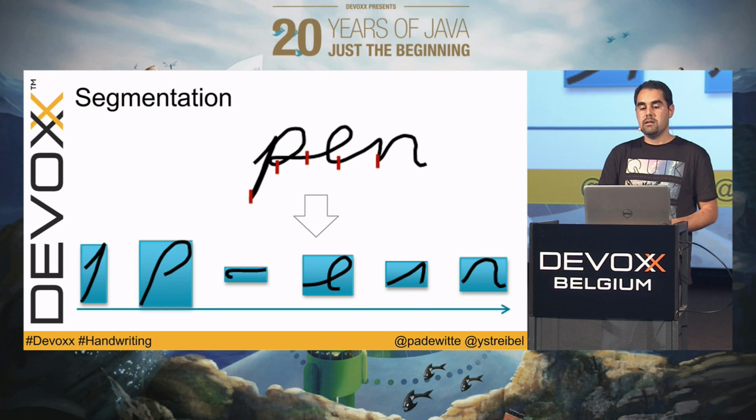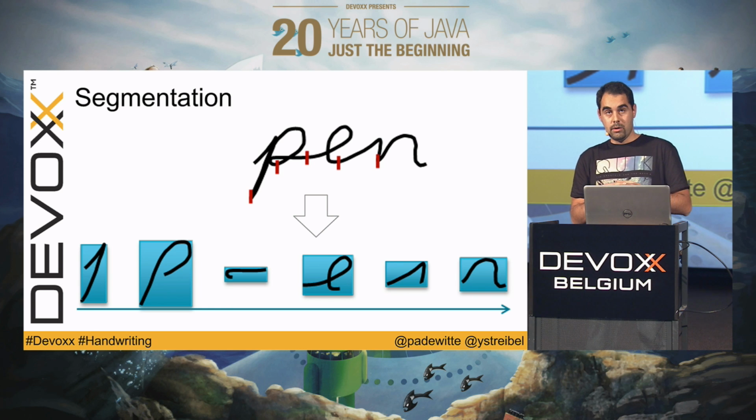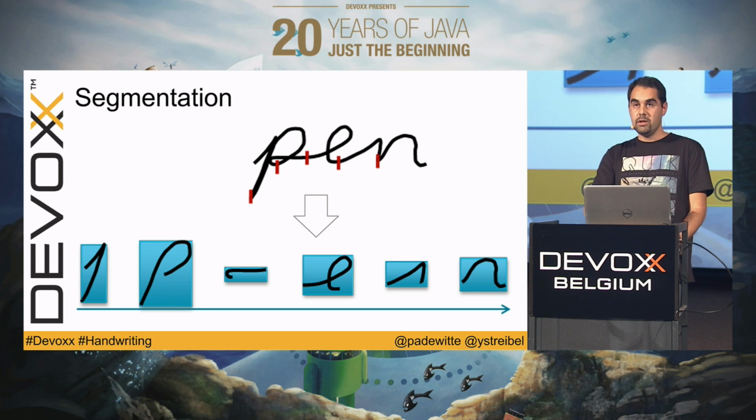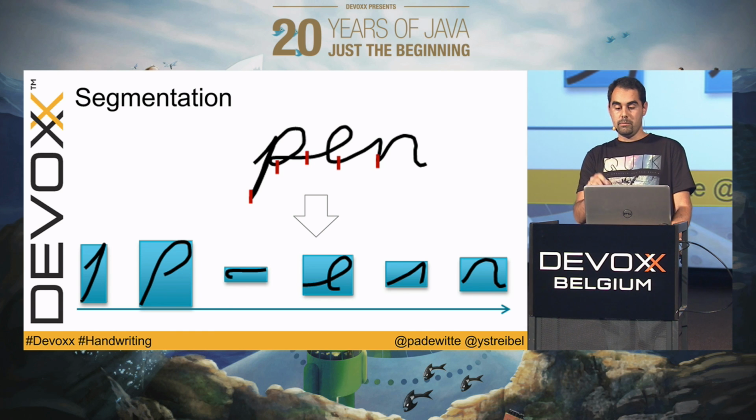After that comes the first important part, which is segmentation. If you write with cursive scripts, several letters could be attached and be written in one stroke. So, for example, here the user writes pen without lifting his pen.